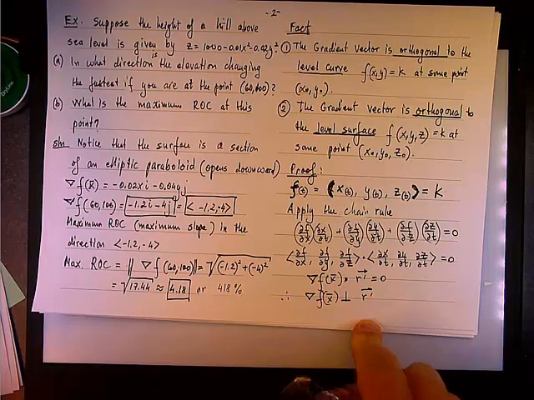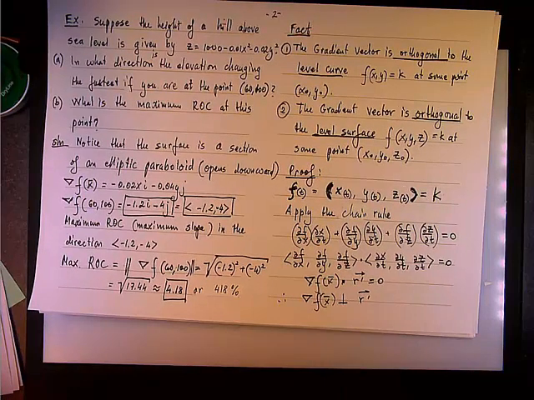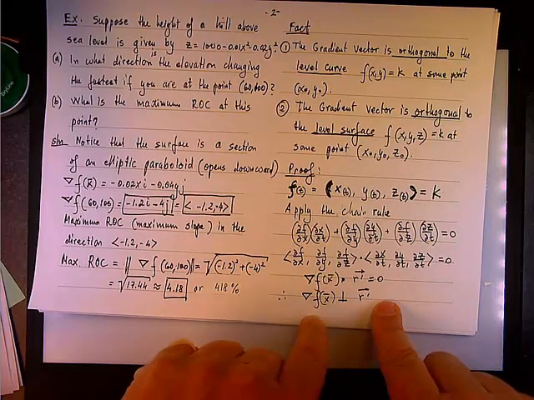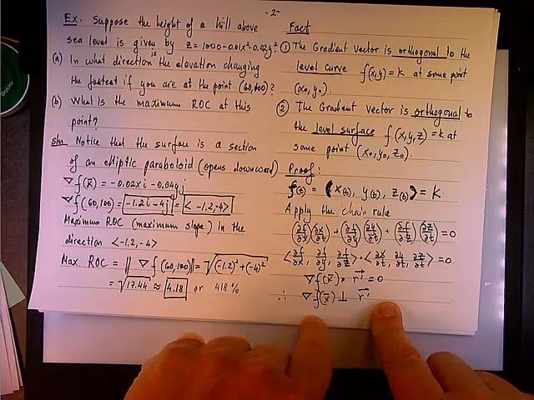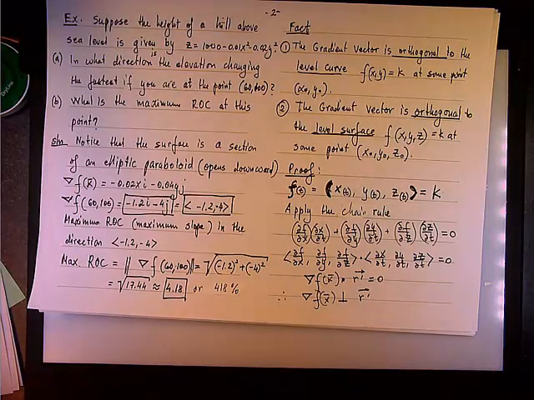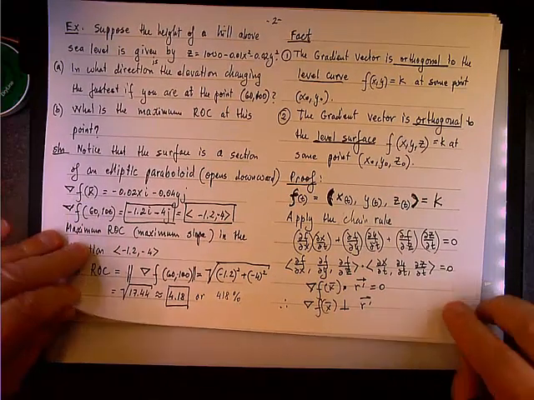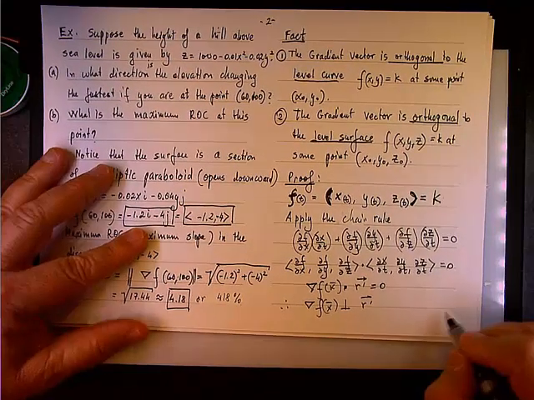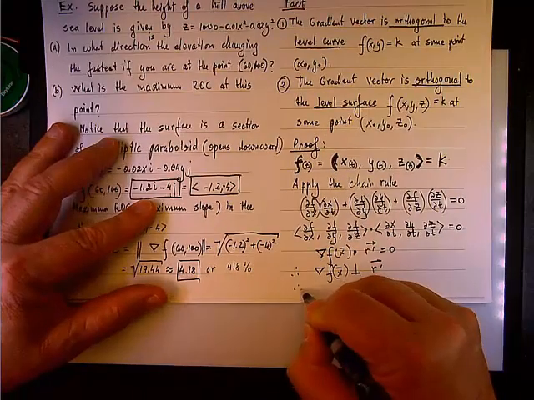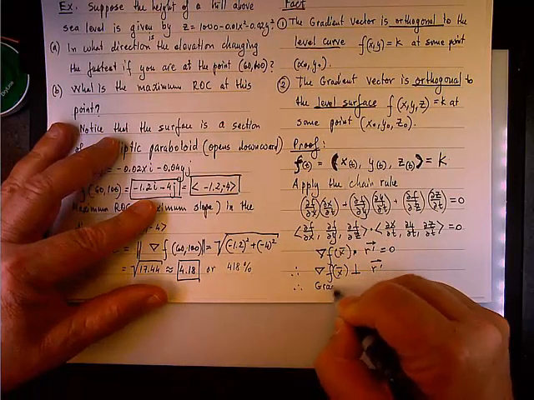But what's the implication? The vector r prime is parallel to the tangent to the surface. So it tells us that the gradient is perpendicular to the surface. And if it's two variables, then the gradient is perpendicular to the curve. And that completes the proof.